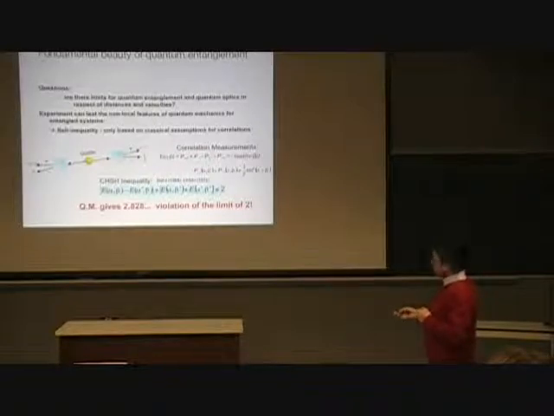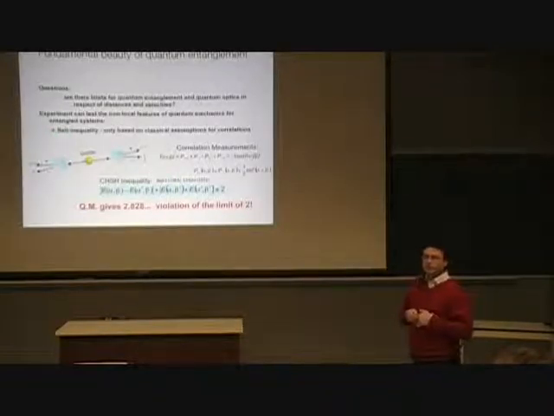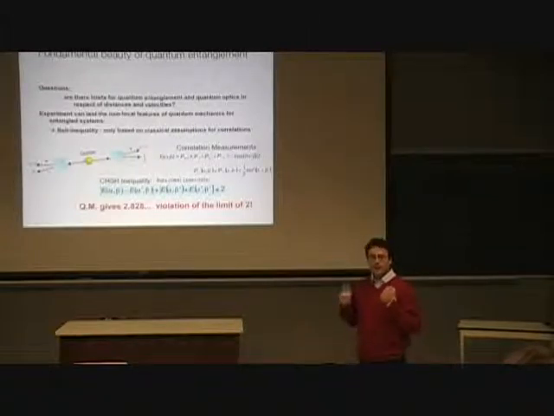So now, what became even more interesting is that John Bell discovered in 1964 that these kinds of quantum correlations are fundamentally different from what we can understand in a classical world picture.